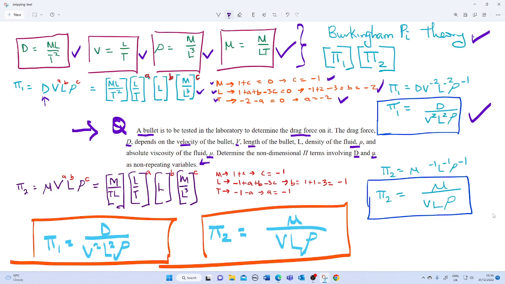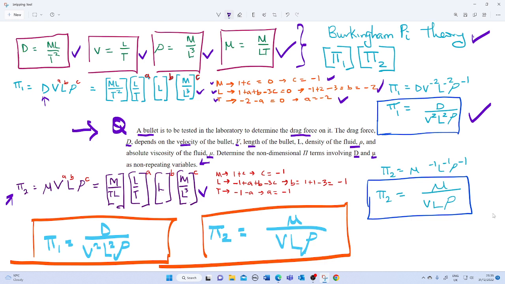Now, the same application when our mu, that is viscosity, is the non-repeating value, just as we did for the first one, our pi term becomes this particular one.